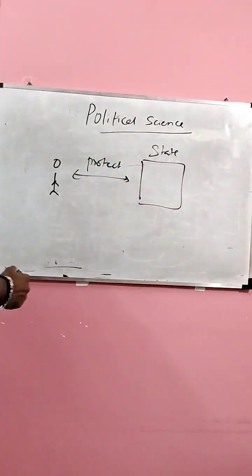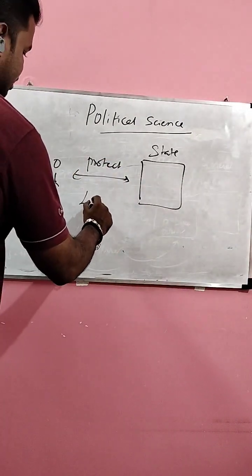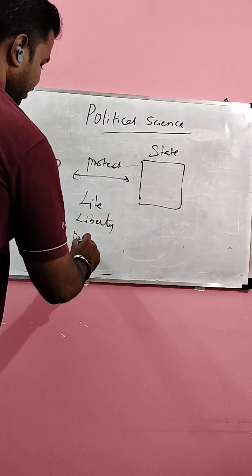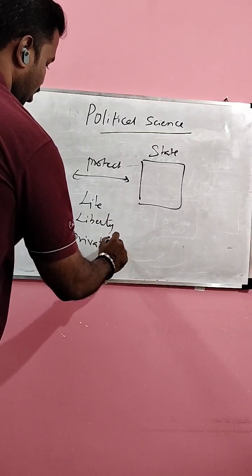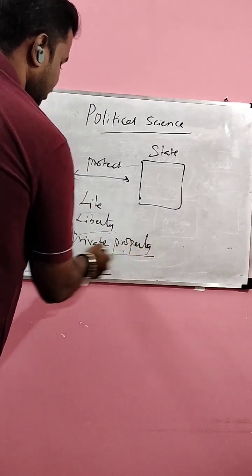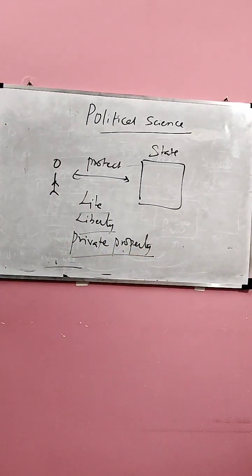John Locke says that the duty of the state is to protect the life, liberty and private property of the citizens. Please note down: life, liberty and private property. Private property here does not refer only to land, houses and other luxuries. Even basic goods necessary for human existence come under private property.